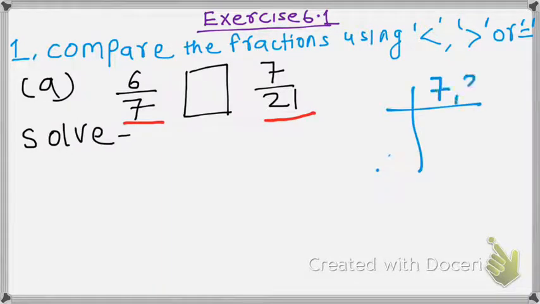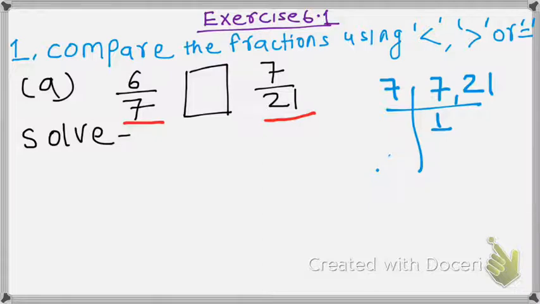Here you will write 7 and 21, then you have to find the lowest number which can divide 7 and 21. So 2 cannot divide 7 or 21, 3 cannot, 4, 5, 6 cannot divide 7 or 21. Now students, 7 can divide 7 and 21.